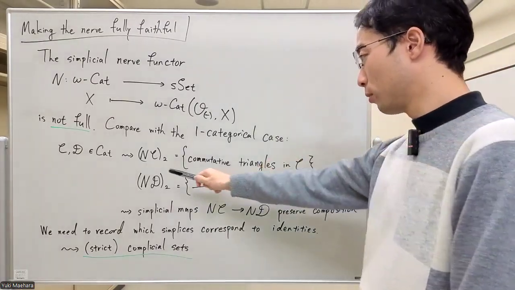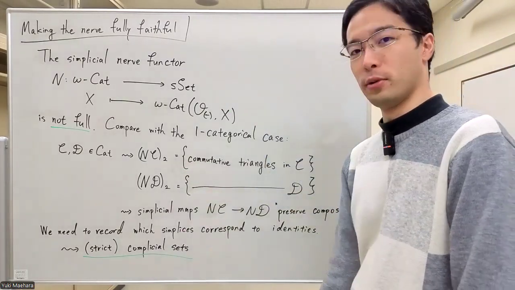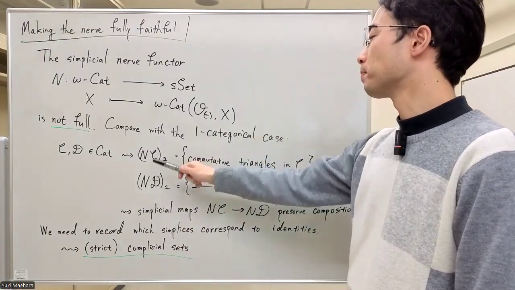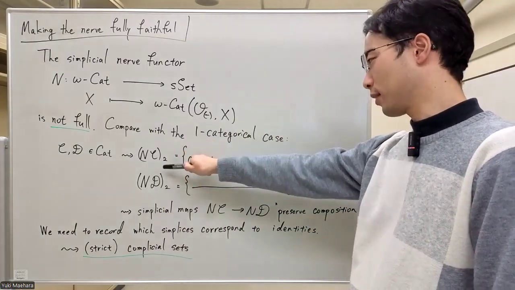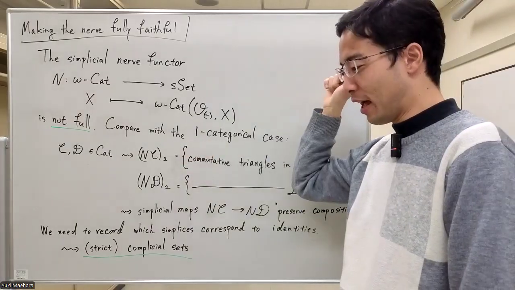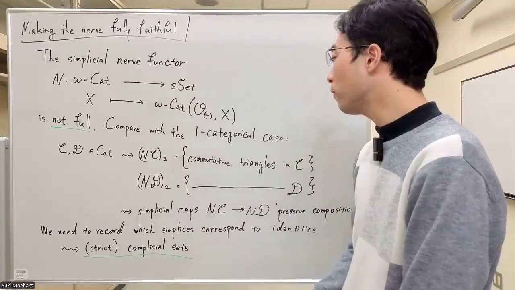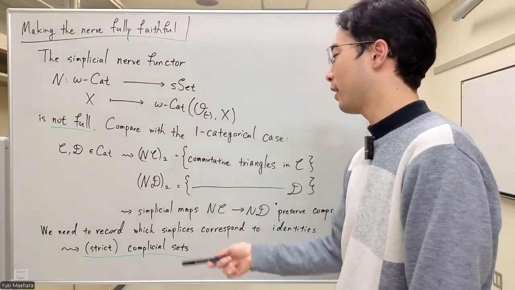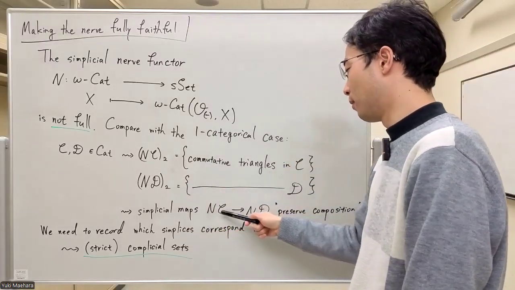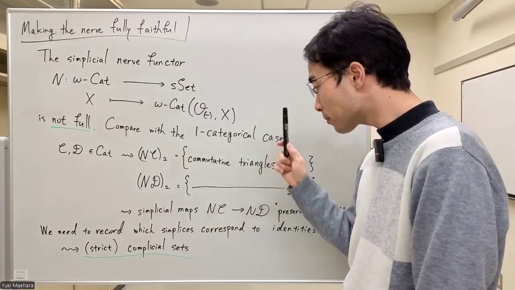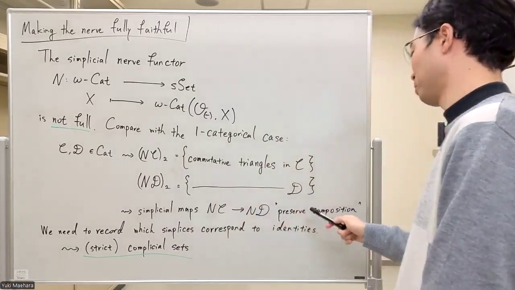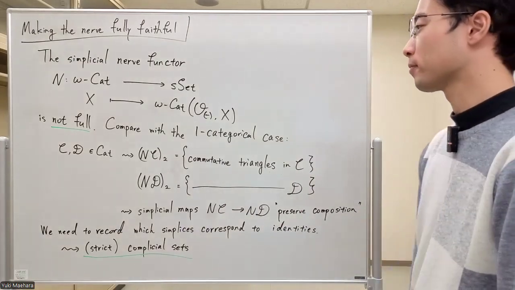Now, together with all the simplicial structure maps, the 2-simplices encode the composition operation in C. Therefore, if you take any simplicial map between the nerves of those categories, it will automatically preserve composition.